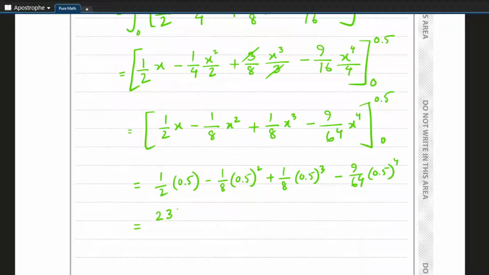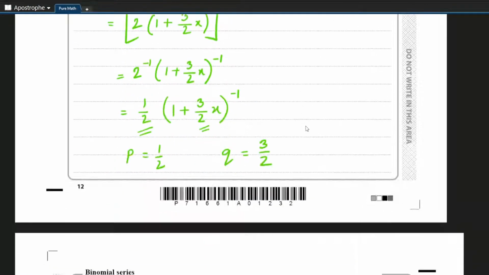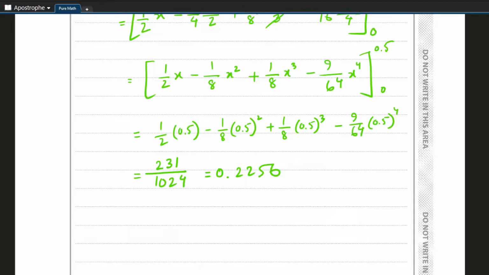We get 231 over 1024, which is 0.2256. In the question it says 4 decimal places, so 0.2256. And the answer matches the mark scheme. So if you got this, then you should be good.